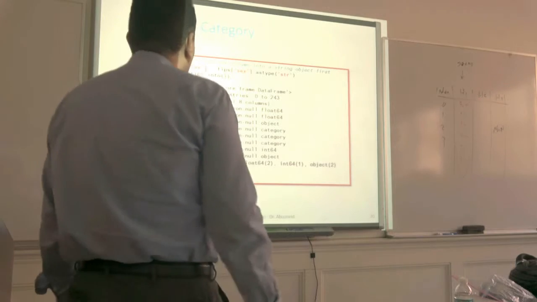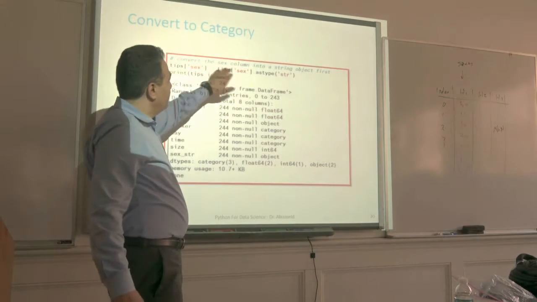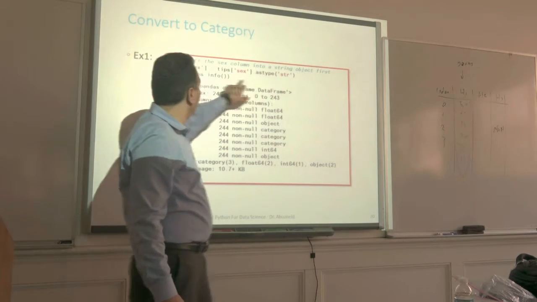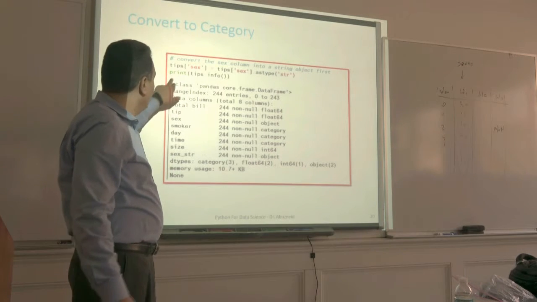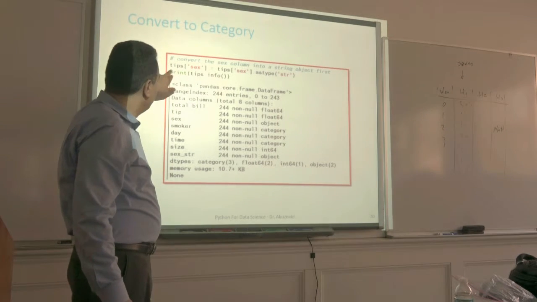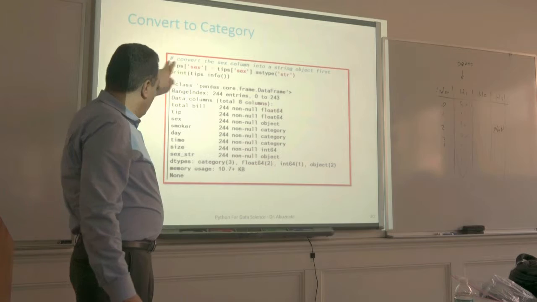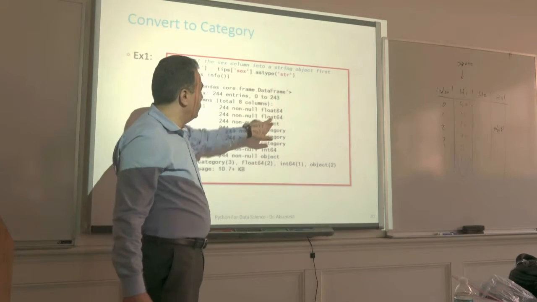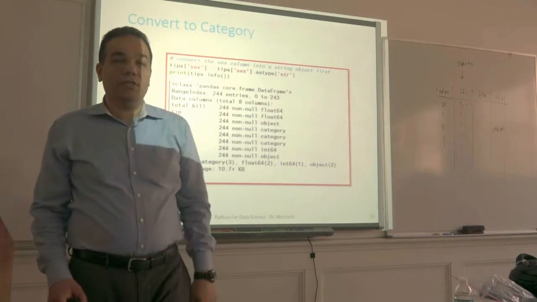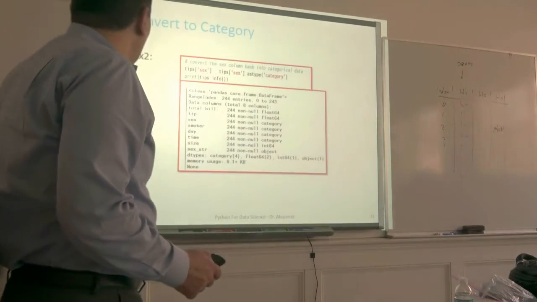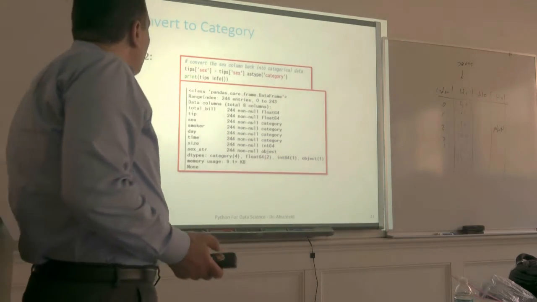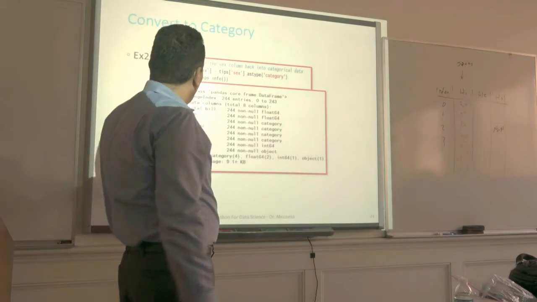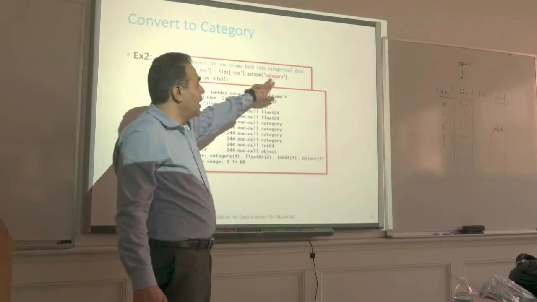That's the category. So types of sex equals types of sex as type string, that we convert to an object. If I type info, it was converted to an object, from category to an object. In here, we convert back the sex as a category.